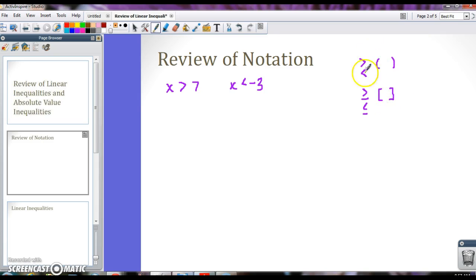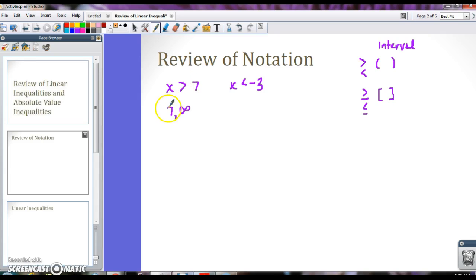Okay, so that's the difference in notation. This is interval notation, and you'll see this a lot. And so for example, how you would write that, instead of writing x is greater than 7, you would write 7 up to infinity, right? Because if it's greater than 7, it could be anything greater than 7 all the way up through infinity.